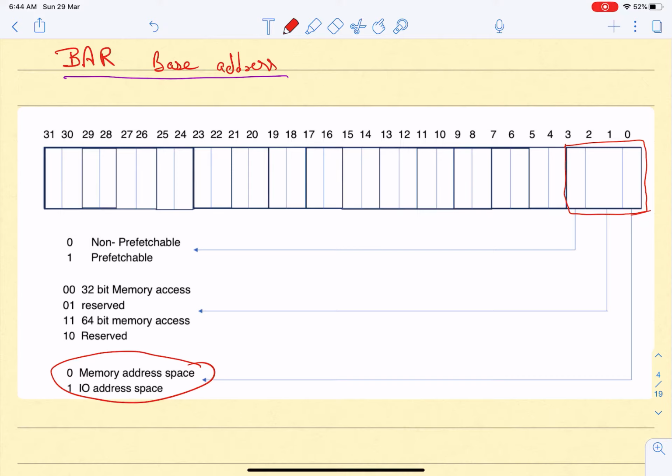If it is 0, it is memory address space. If it is 1, it is IO address space. We know that for legacy PCI endpoint devices, we have IO address space, and for native PCI devices, it is only memory address space.